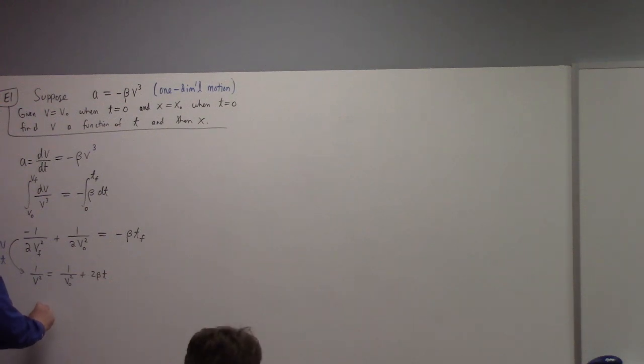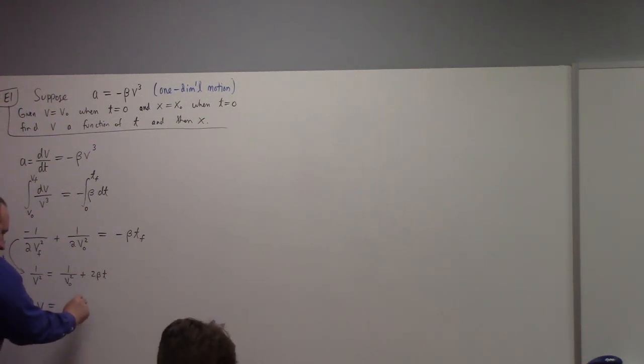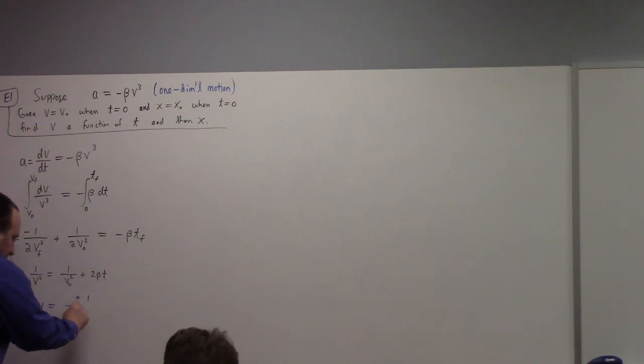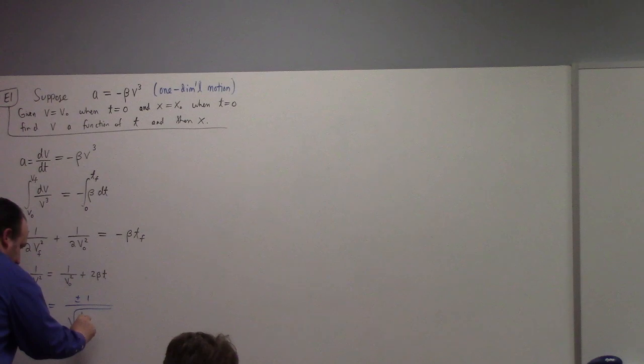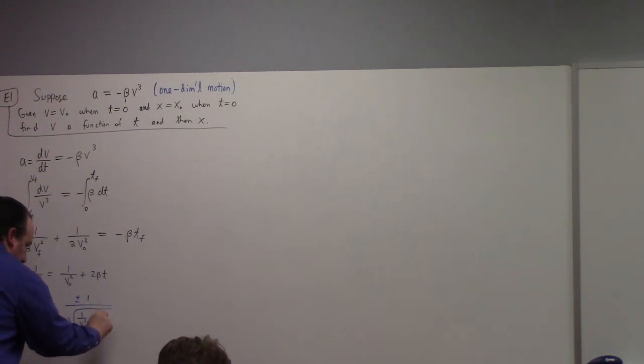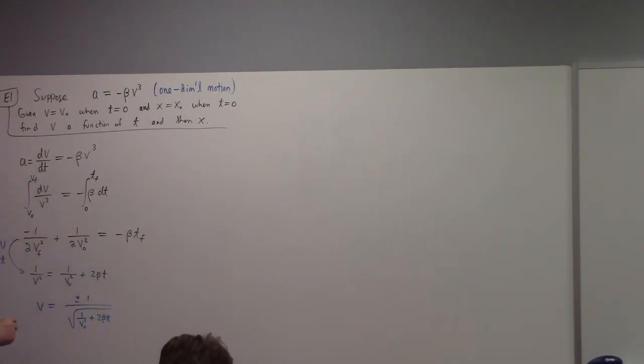So this then is v is equal to plus or minus 1 over the square root of 1 over v naught squared plus 2 beta t. And if you think about that for a minute, the plus and the minus should be governed by what? It depends on the sign, right?